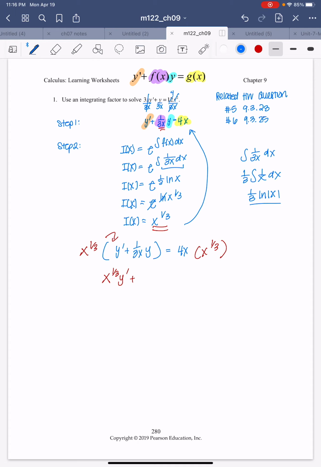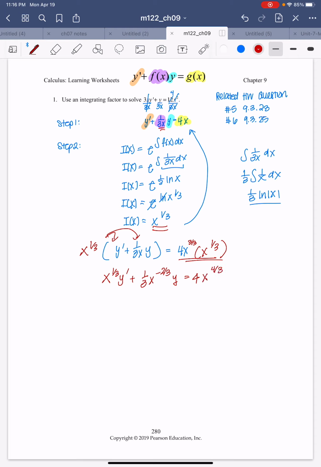So I'm going to have 1/3 x raised to the negative 2/3 if I distribute. 1/3 x raised to negative 2/3 times y. And then on the right hand side, this is 3 over 3, so we add, so 4x raised to the 4/3.